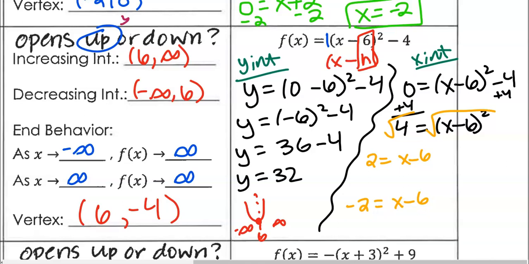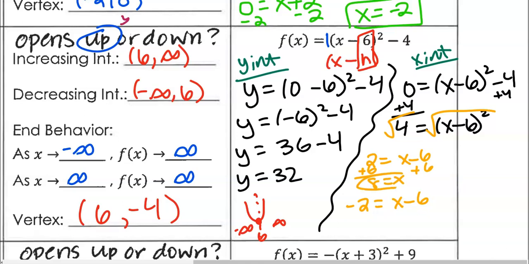Yes. The one above this was special because my x-intercept was my vertex, right? So we only got one answer. But most of the time, this is going to happen. We're going to square root a value, get the positive and negative, and then we're going to get our 2 different x-intercepts. Okay? Because from here, I'm going to have to add 6 over, right?